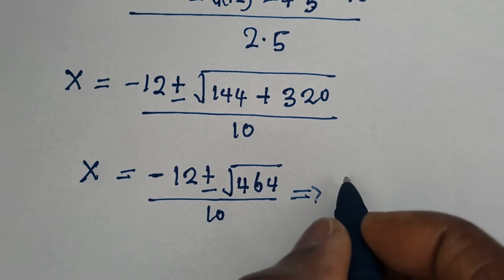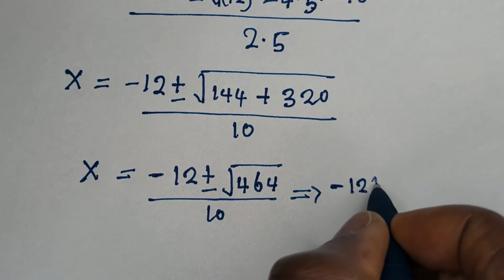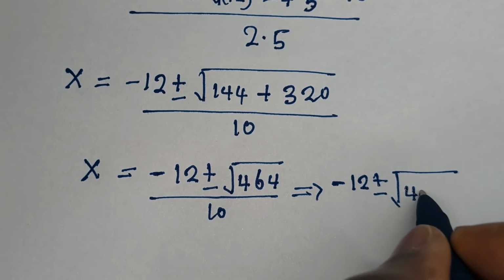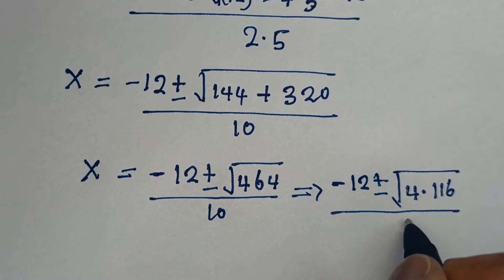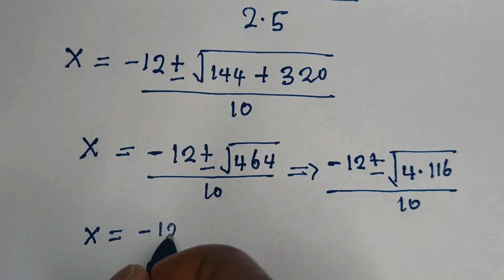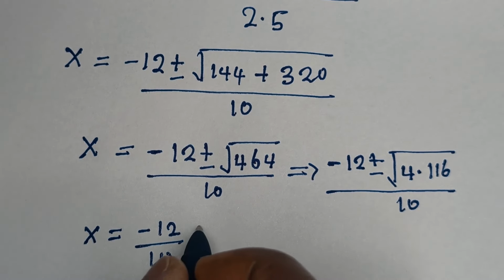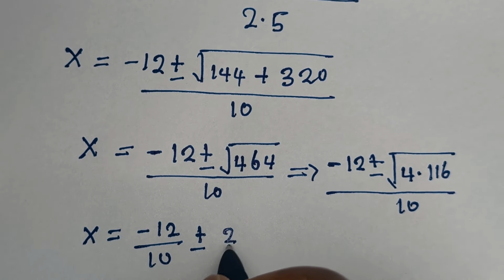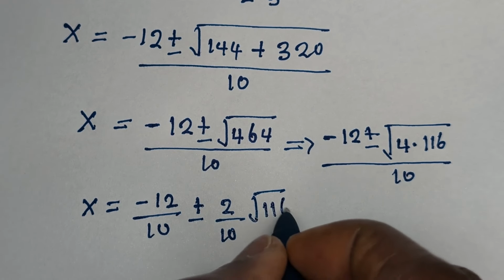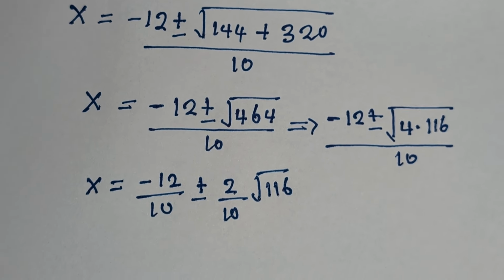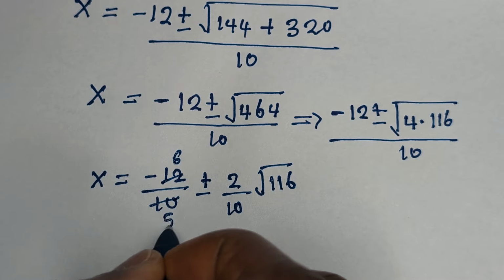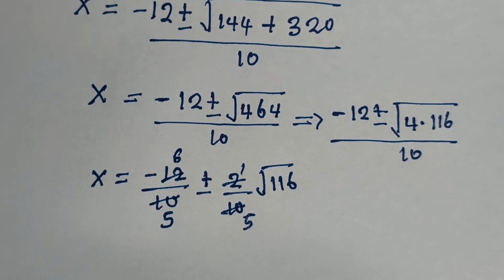And this is the same thing as minus 12 plus or minus square root of 4 multiplied by 116, over 10. x is equal to minus 12 over 10 plus or minus square root of 4 is 2 over 10, then square root of 116. 2 here, 6, 2 here, 5, 2 here, 1, 2 here, 5.